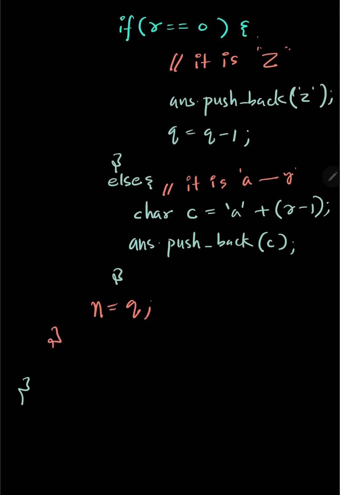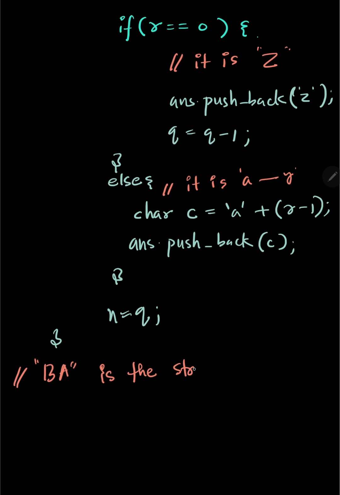Now that we have a string, the string is containing something like BA. So we have to reverse it.